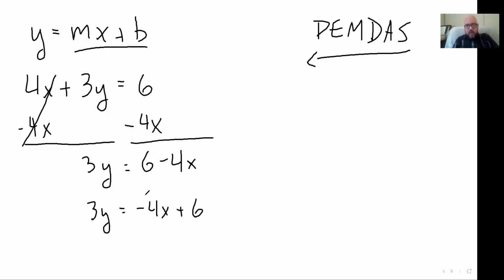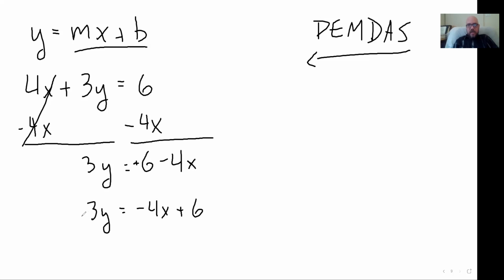And remember, this minus sign is not on the 6, it's on the 4x, right? The thing in front of the 6 is a plus. When there's nothing there, it's a plus. So I have plus 6 here and minus 4x, and I can write that in the other order. That's just fine. You can do that with addition.